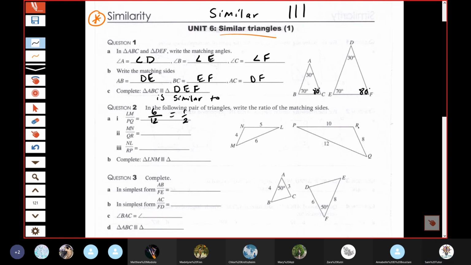MN to QR is 4 to 8, which equals a half. And NL to RP is 5 to 10, which is also a half. Because they're all in the same ratio, triangle LNM is also similar to triangle PRQ.